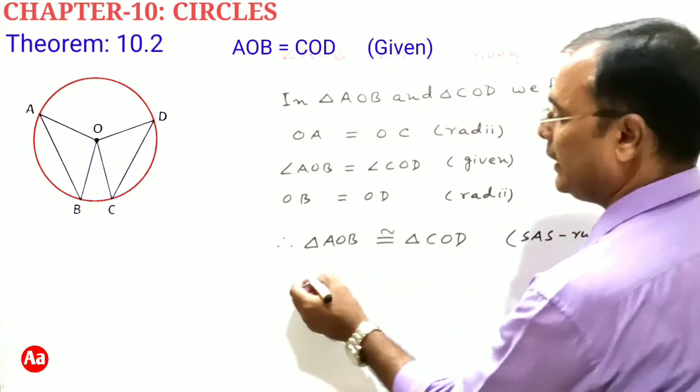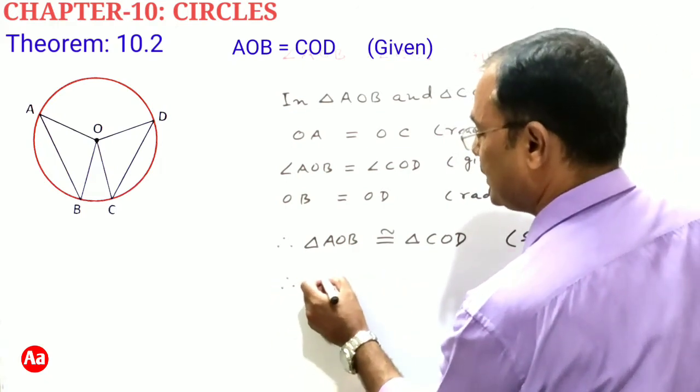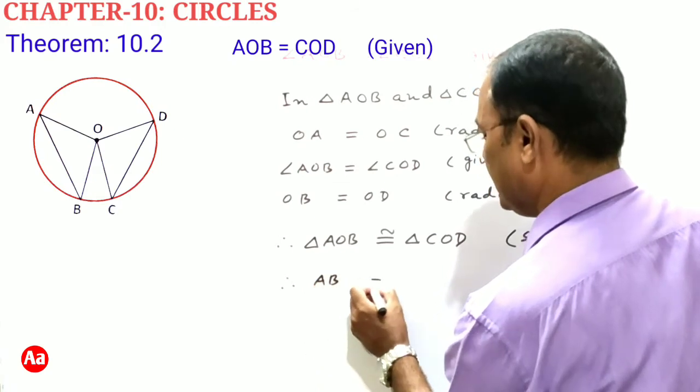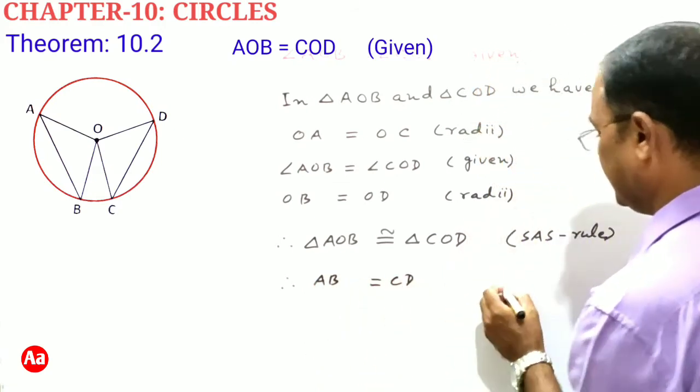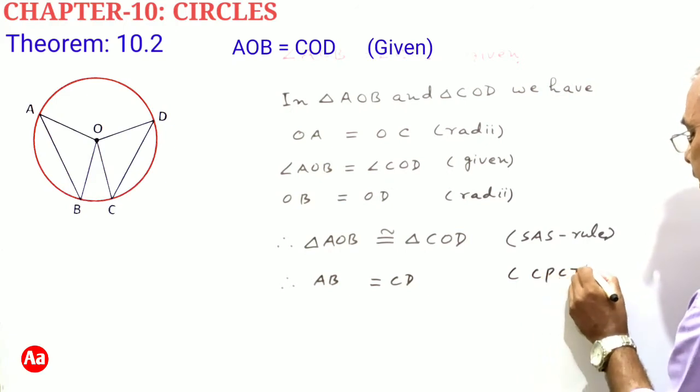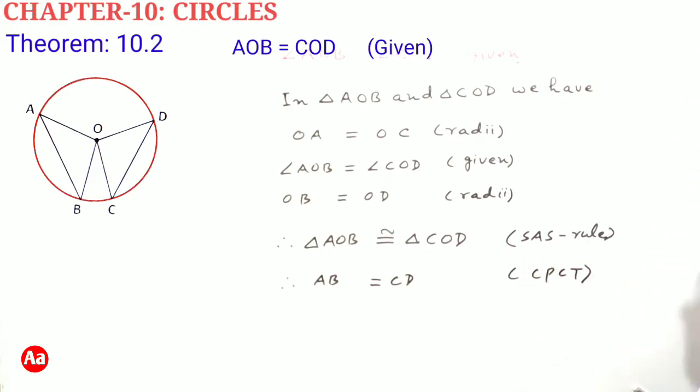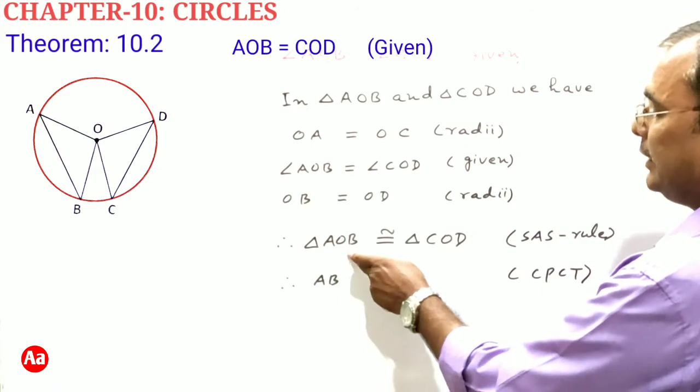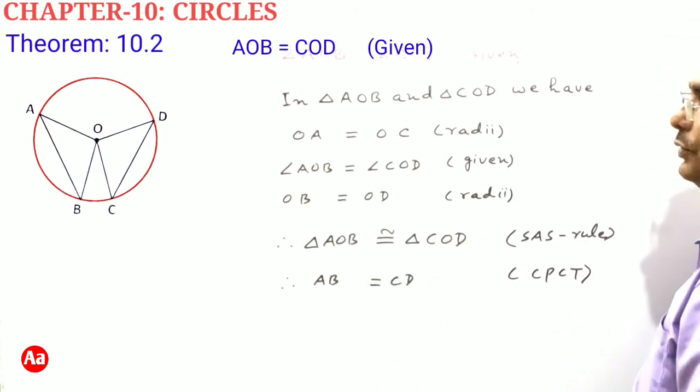congruence rule, and therefore by CPCT we can write AB is equal to CD, because AB and CD are corresponding parts of congruent triangles AOB and COD.